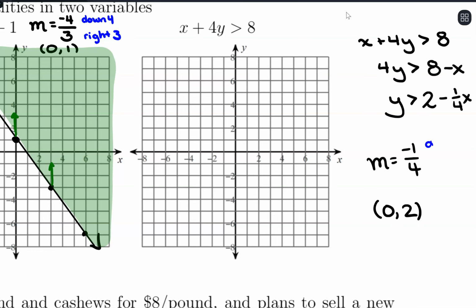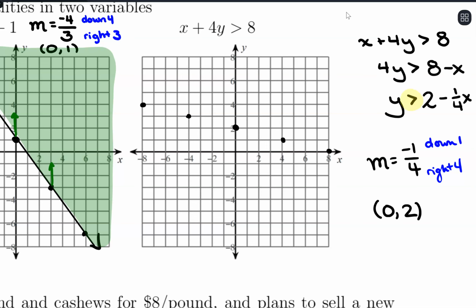So the slope is telling me to go down 1, right 4. So we're going to graph 0, positive 2, and then do this slope of down 1, right 4. Down 1, right 4, and then a few in the other direction too. All right, then I pause and check what symbol we are using.